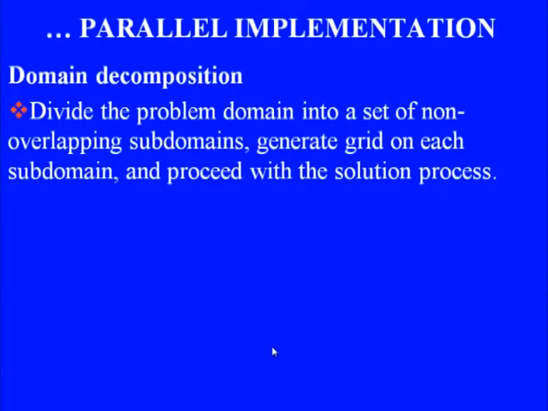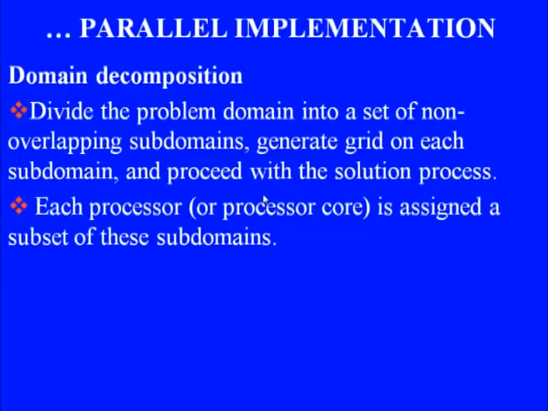Now in the domain decomposition approach, we divide the problem domain into a set of non-overlapping subdomains, generate a grid on each subdomain and proceed with the solution process. Ideally each subdomain would be mapped to a separate processor. It may so happen that if you have many subdomains, many subdomains are mapped to a single processor, that is possible.